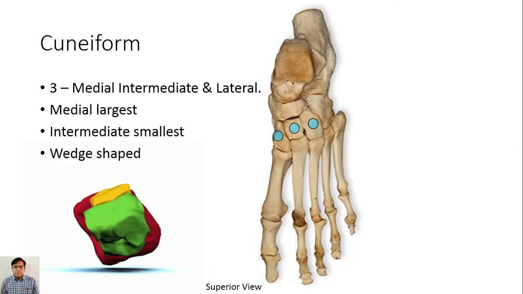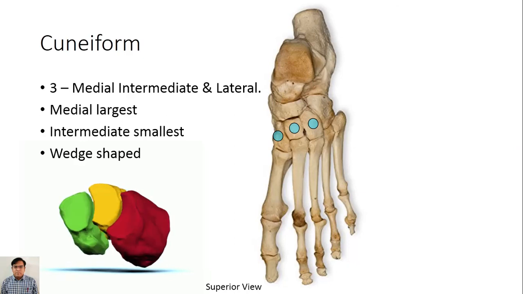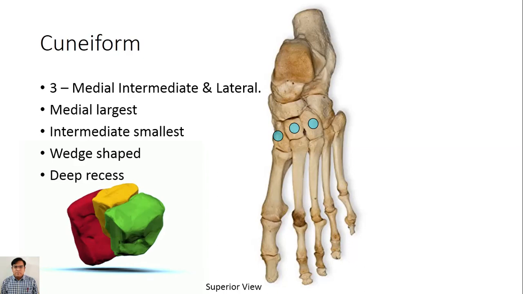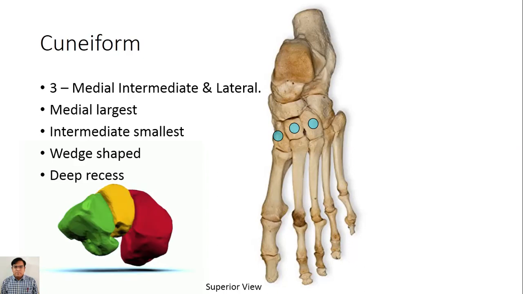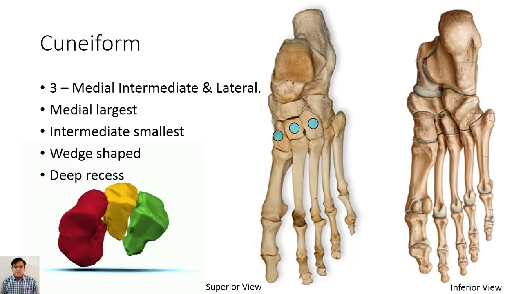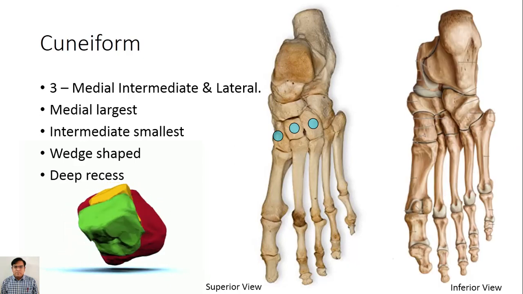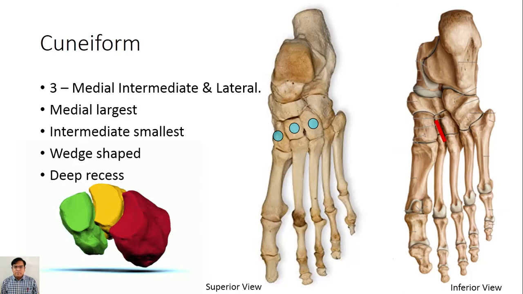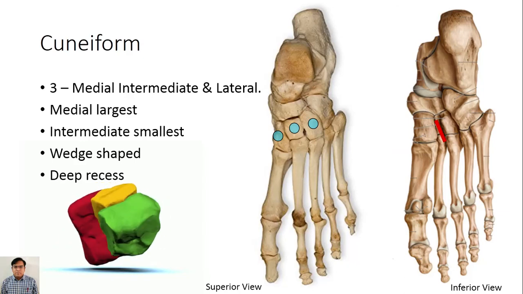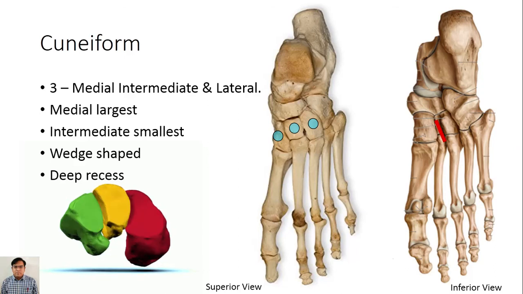It is wedge shaped. A deep recess is present on the inferior view of the cuneiforms. In this photograph you can see the inferior view, and here is the deep recess as shown by the red line.